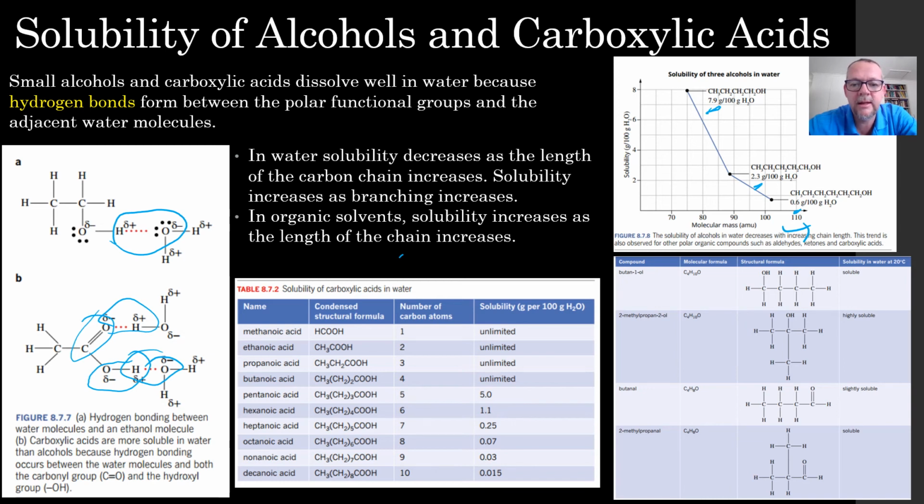Now for carboxylic acids in the table below, you can see we can certainly dissolve as much methanoic, ethanoic, propanoic and butanoic acid as we want in water, pretty well unlimited there. But as it hits pentanoic acid, it starts to show some decrease in solubility in water. Finally, we can see that as branching increases, so here's an isomer of butanol, and you can see that it's highly soluble compared to butan-1-ol.